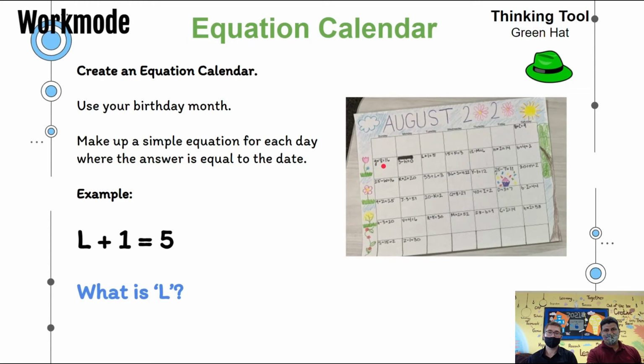So you can say x plus 10 equals 12. x plus 10 equals 12. So x is equal to 12 minus 10. So x is 2. Okay. So do that for 1, 2, 3, 4, 5, all the way up to 30 or 31, depending upon your month.